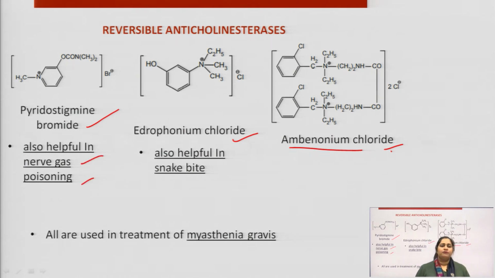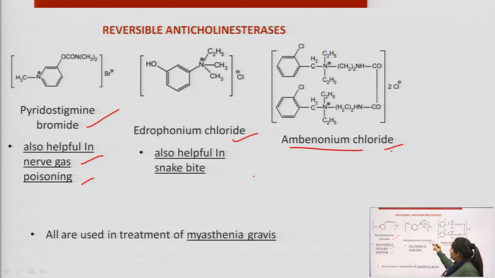Before surgery, as we have discussed, we have taken anticholinergic drugs, and sometimes there is poisoning of those drugs, meaning there is a toxic effect of these drugs. In those cases, we have to use a reversible anticholinesterase, like pyridostigmine bromide.